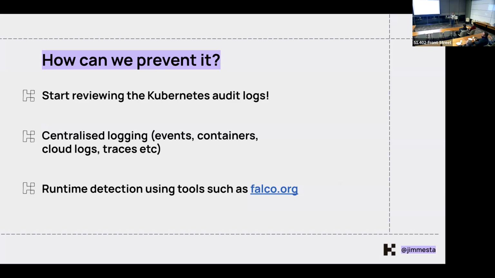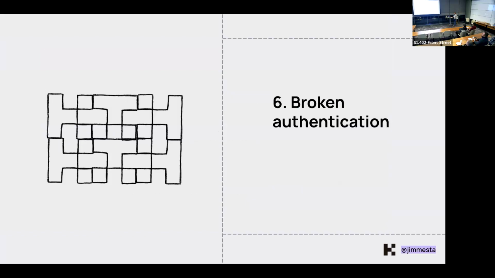If you use EKS, it's as simple as clicking a button to enable them, and it'll cost a little bit of money. And then centralizing, yes, again, all of your logs, right? Having these things in one place, whether that's Splunk, Sumo Logic, Datadog, and then runtime detection tools. All these things are really important as you enhance your logging capabilities.